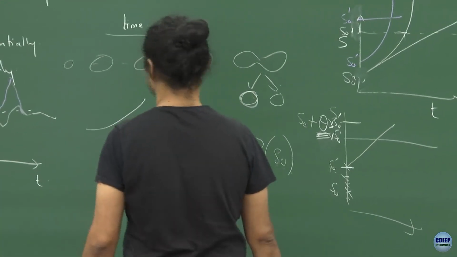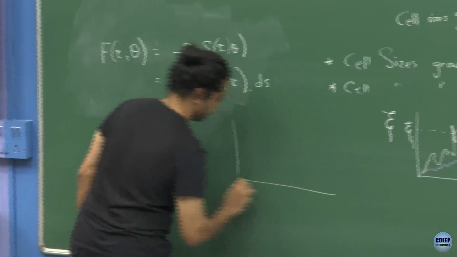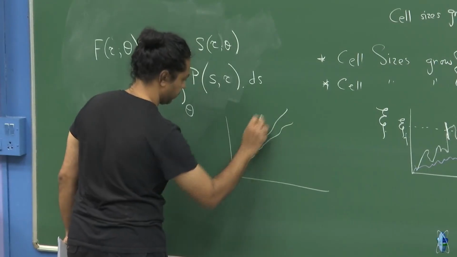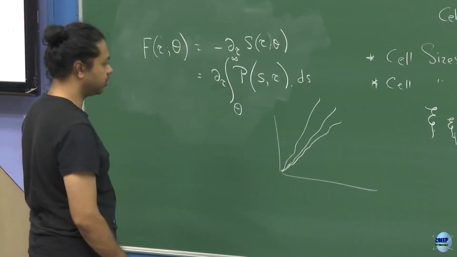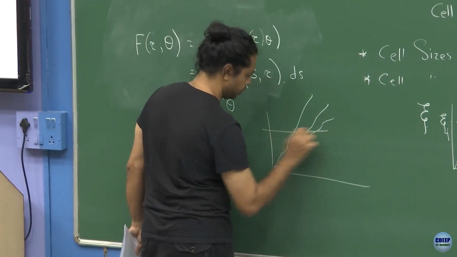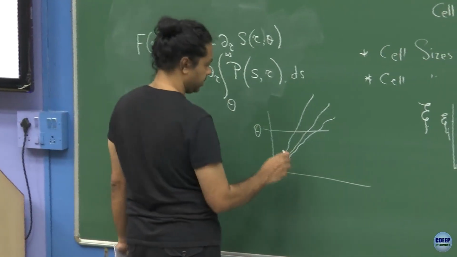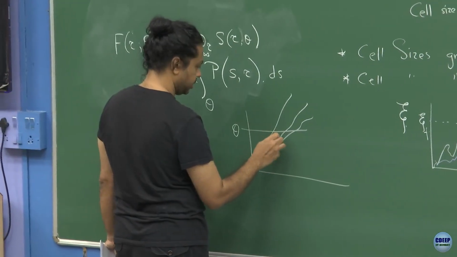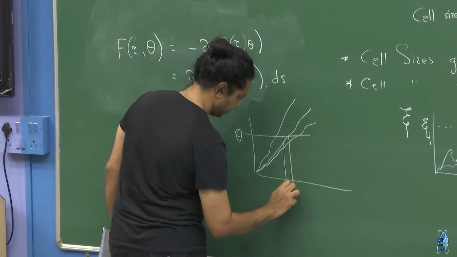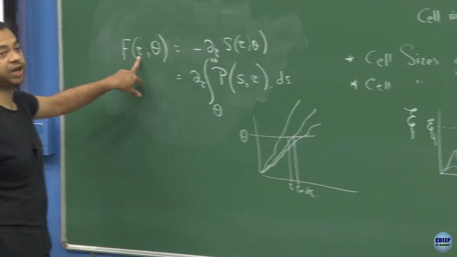How do I think about this? So, what I have is trajectories like this, right. So, these are all monotonic trajectories, and I am looking at the time when you cross some threshold value theta within some time, let us say tau and tau plus d tau. That would give me my f tau d tau, right?